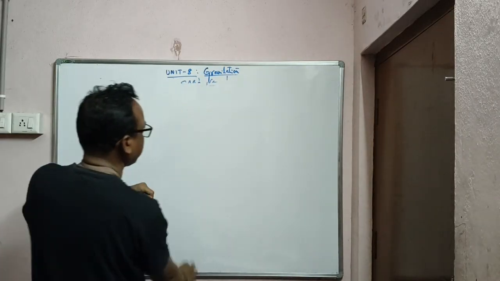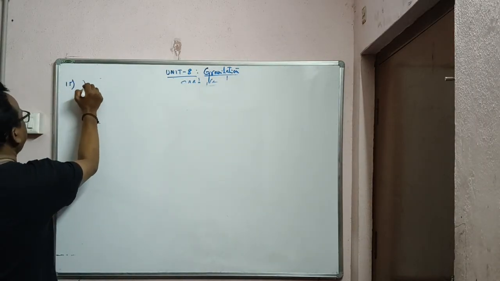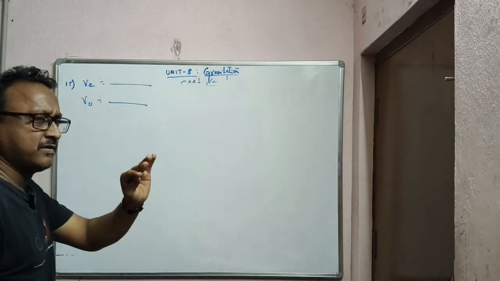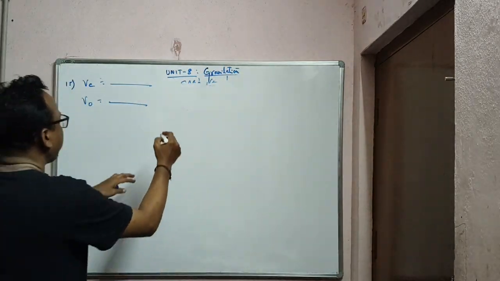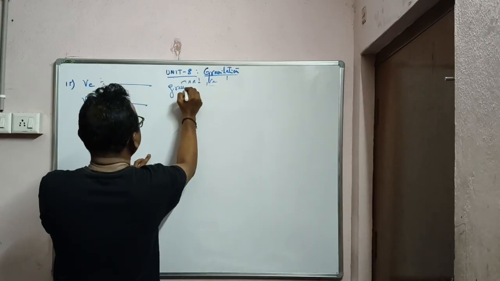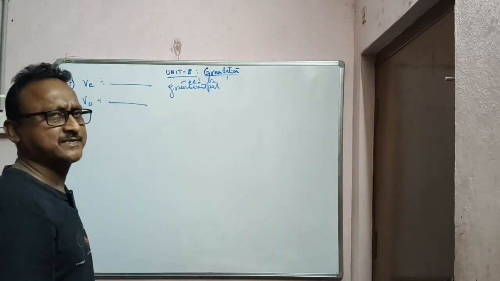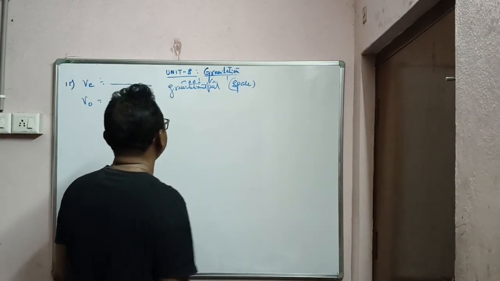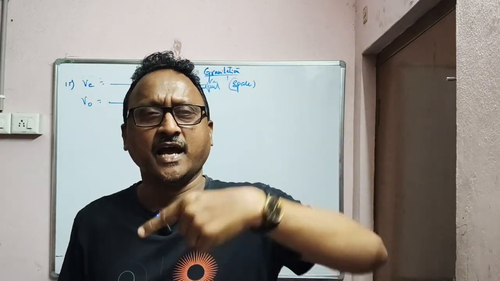So he asked for definitions. First let us define escape velocity, and likewise orbital velocity. What did I tell you about escape? The velocity given to a body such that it overcomes the gravitational pull and goes into space. That is escape velocity. The velocity given to a body such that it overcomes the gravitational pull of the earth and goes into space.